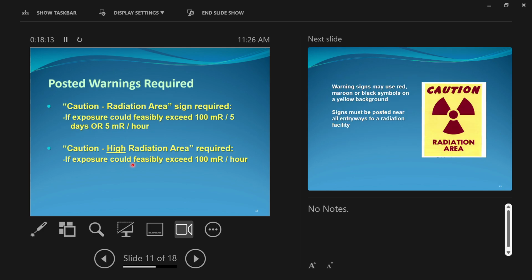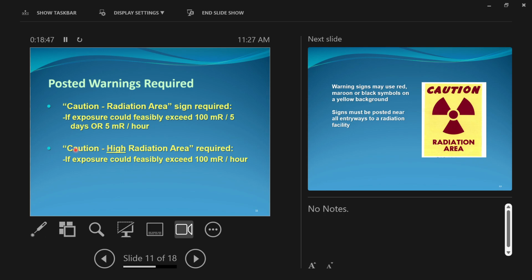Okay, warning signs. There are 2 types of warning signs you should get familiar with. You should know which one's the right one to go outside of your x-ray room. One of them we'll call the caution radiation area sign. Both of these are required if you're in controlled areas, controlled radiation zones, like our x-ray rooms, nuclear medicine suites, things like that. The caution radiation area sign is required if exposures can go above 100 millirad per 5 days or 5 millirad per hour.